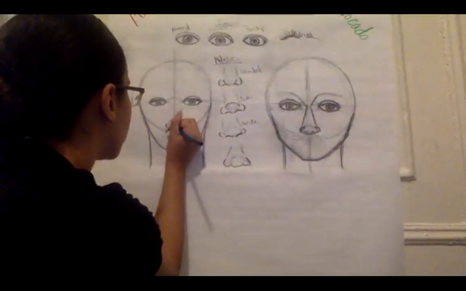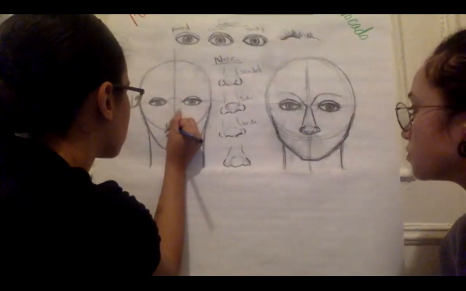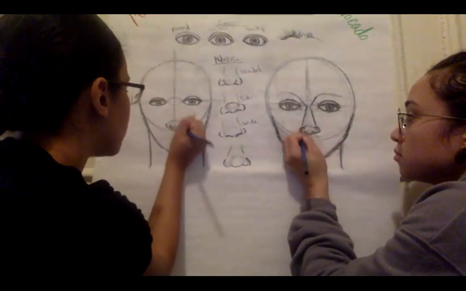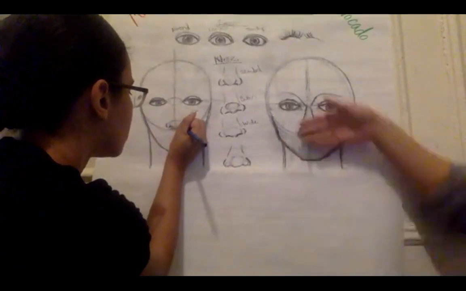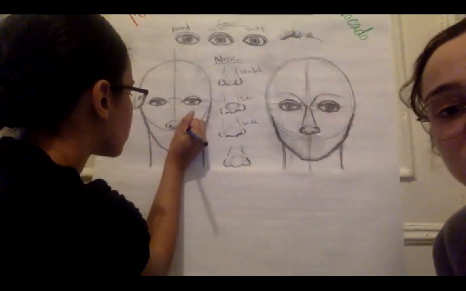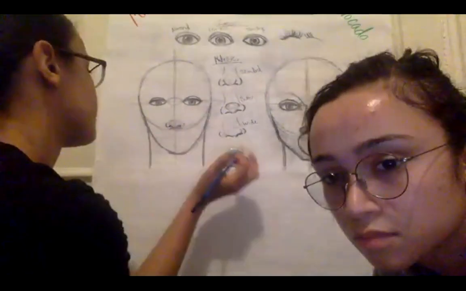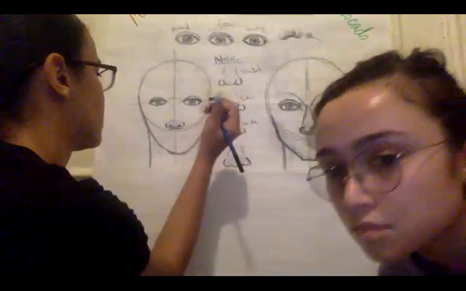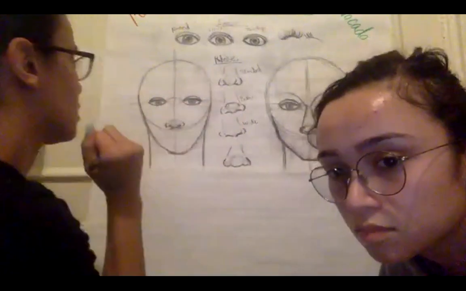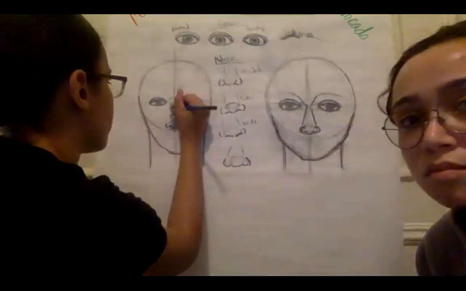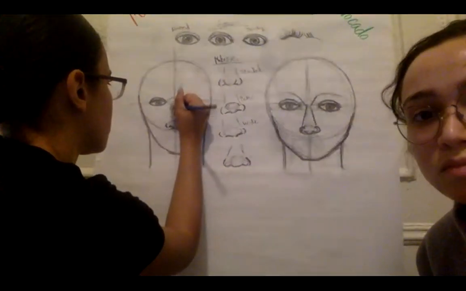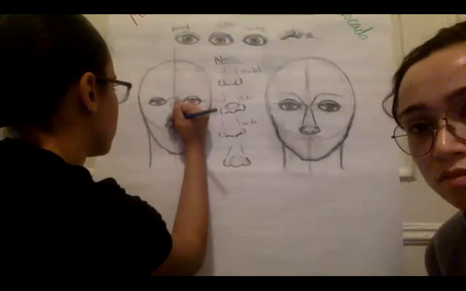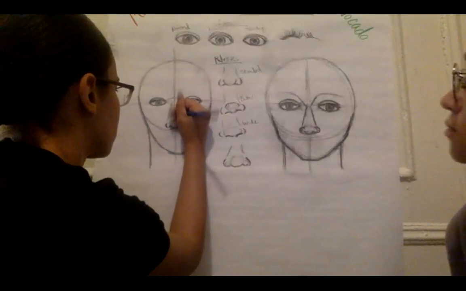Then I'm going to go ahead and darken where my nostrils are and come down. Then for the bridge, actually come this way, and then up this way.